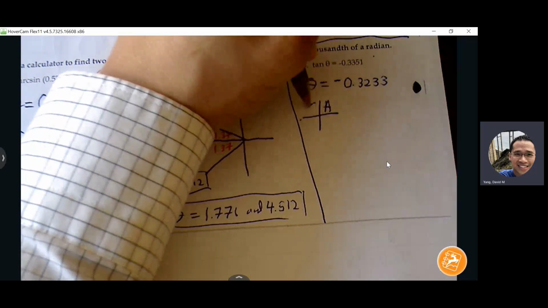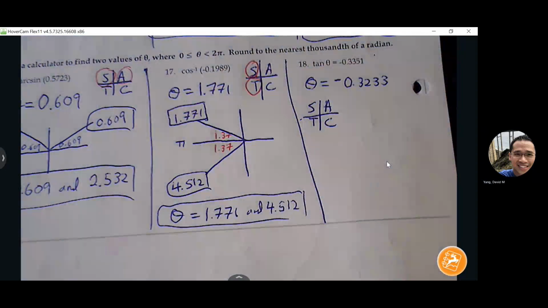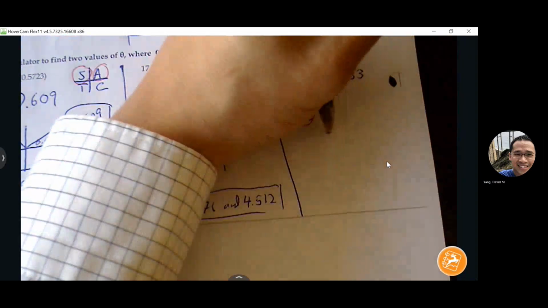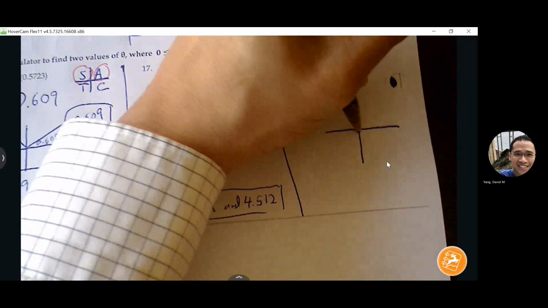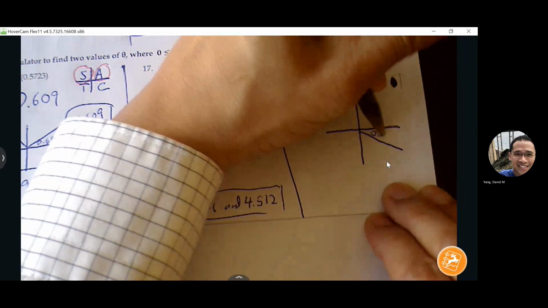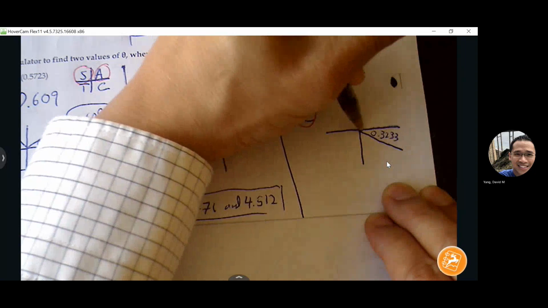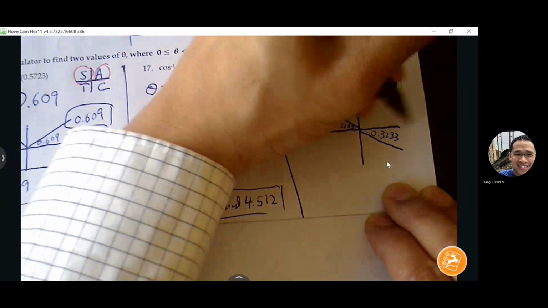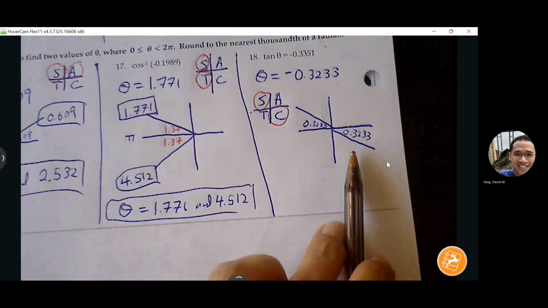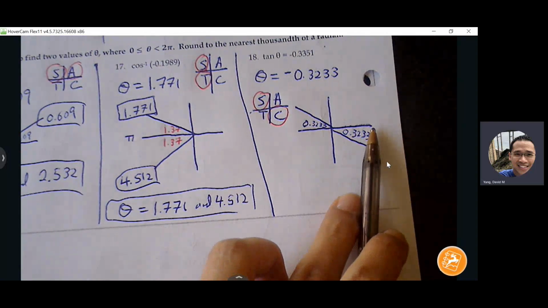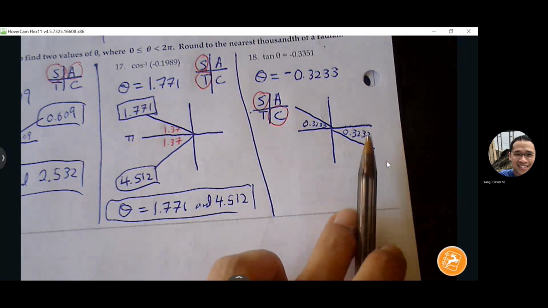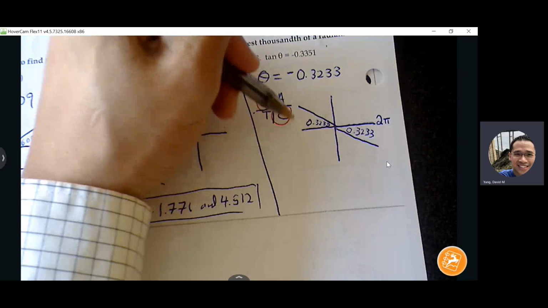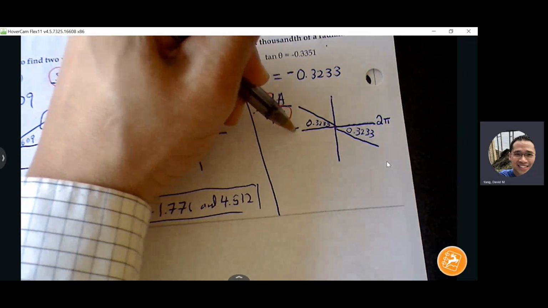Which quadrant do we want to be in? Okay, how do I get to my fourth quadrant value? Okay, subtract from 2 pi. To get to my second quadrant value, subtract from pi.